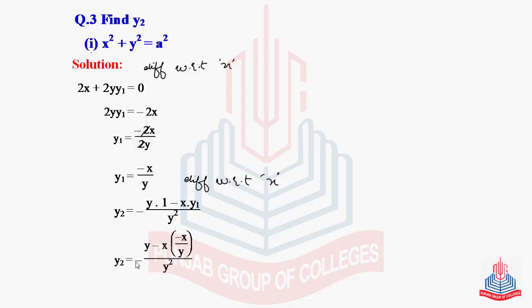So y2 is equal to, this minus will be as it is, y into 1 is y minus x, and the value of y1, we have from equation 1.